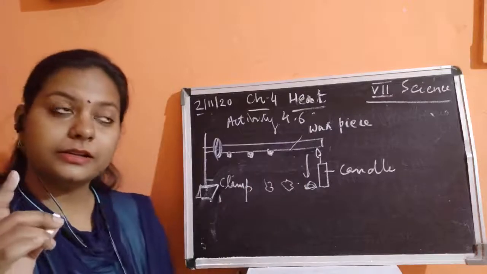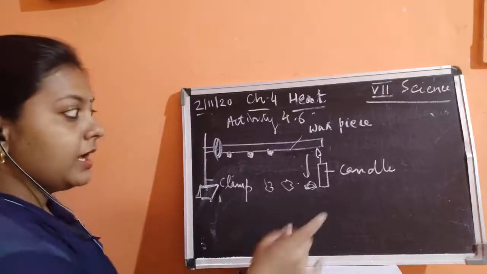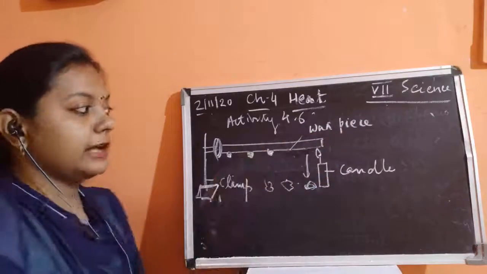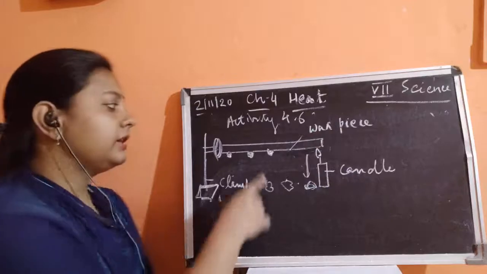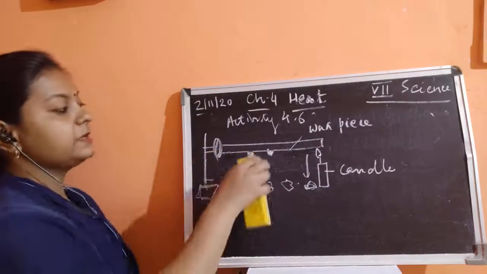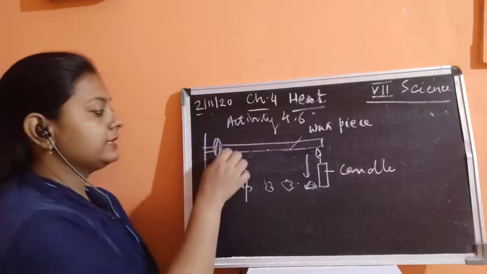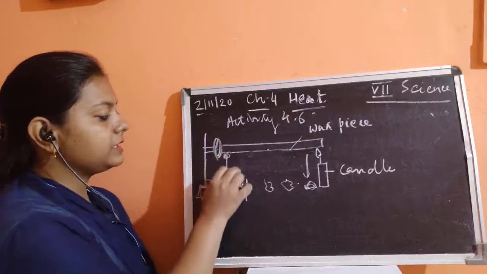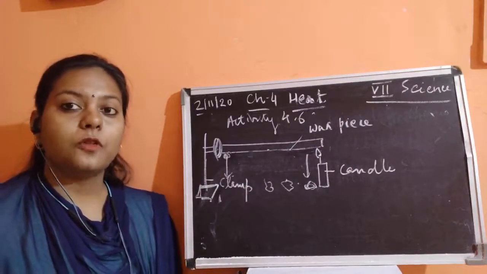But the question arises here: if we are heating this rod with a candle from one side, then how come all the wax pieces are falling down one by one? At the end also, we will see that this last piece of wax also starts melting and falls down.